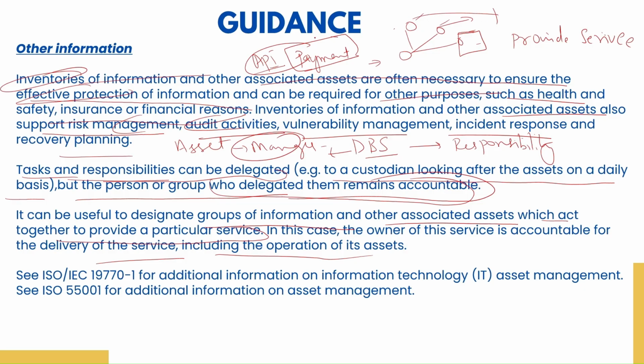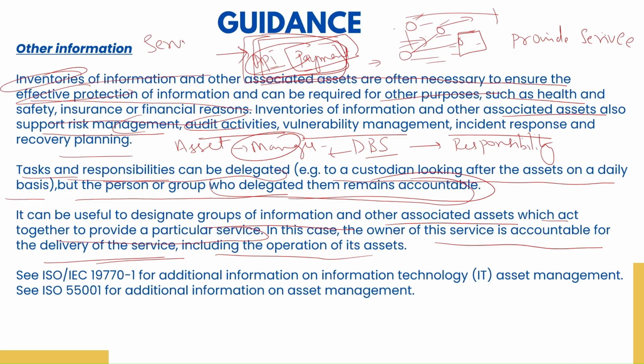Sometimes multiple services come together to provide one service. At that point of time, if I am the owner of this service, the API gateway, I should also make sure that other associated services are working as expected, because the owner of the service is accountable for its delivery.